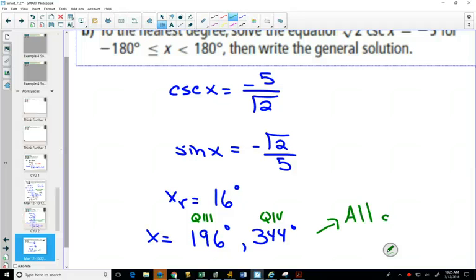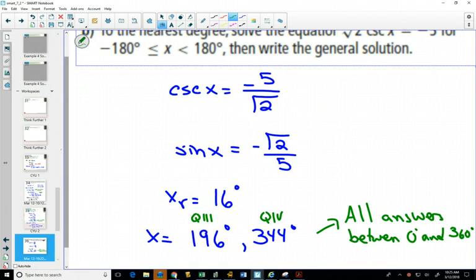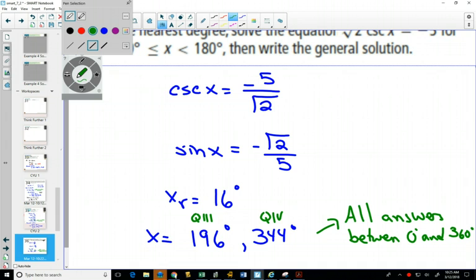Again, these are all answers between 0 and 360 degrees. Again, I look at the domain that was supplied for us.